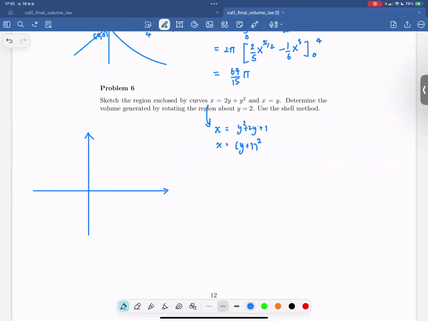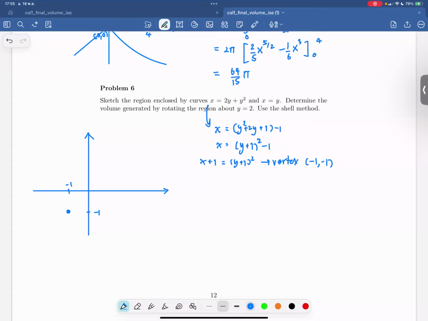I will put plus 1 and then minus 1, and group the first three terms as (y plus 1) squared minus 1. So finally we get (y plus 1) squared equal to x plus 1. So the vertex of the parabola should be (-1, -1).